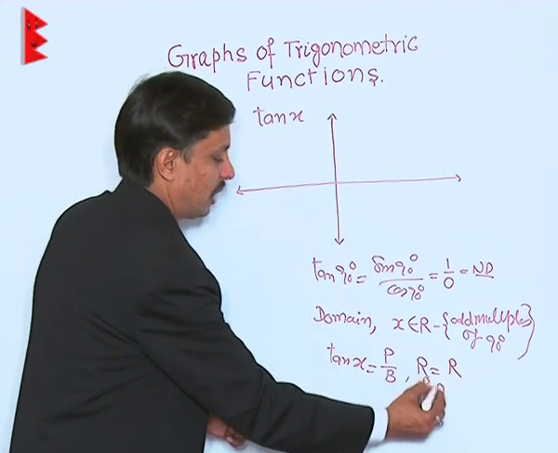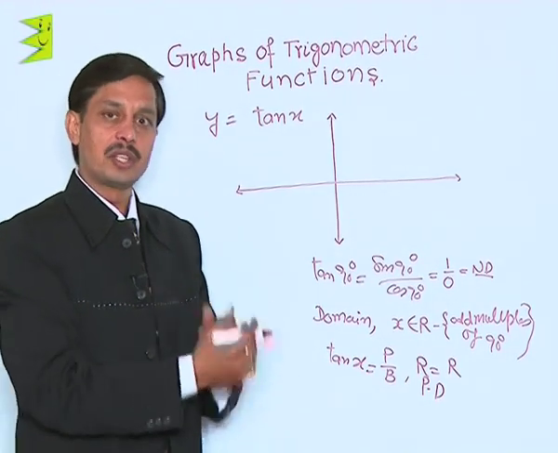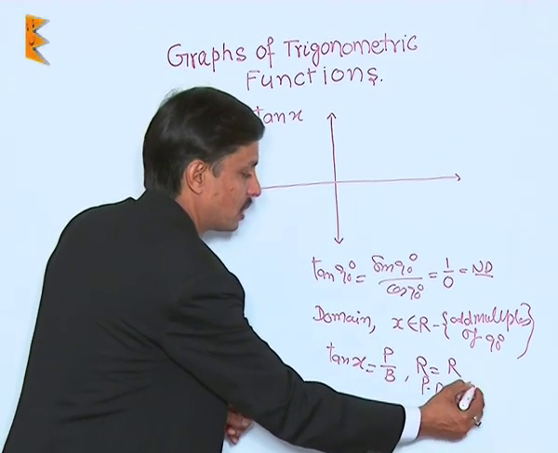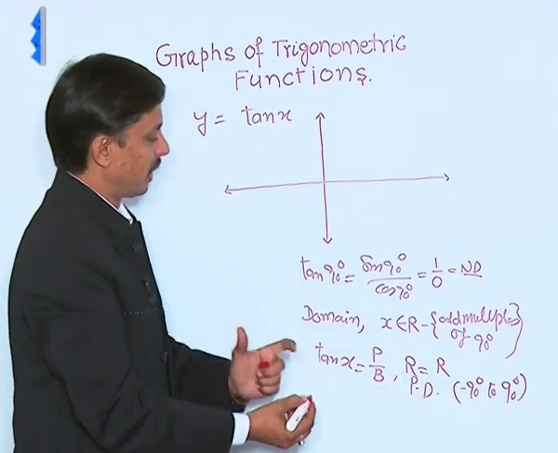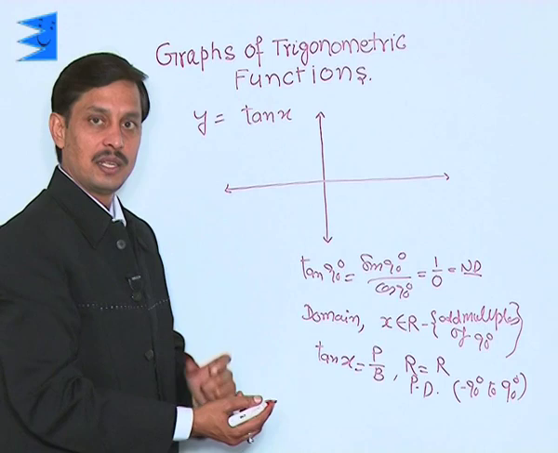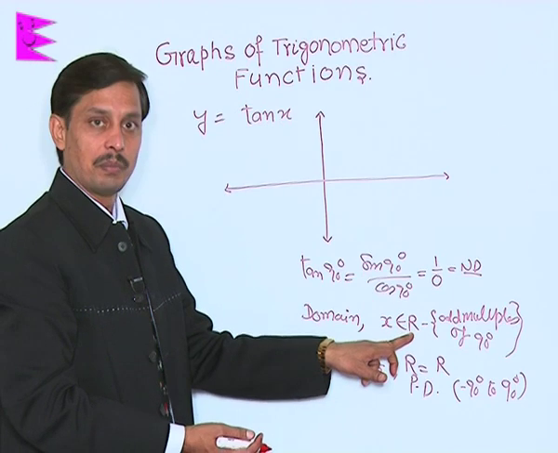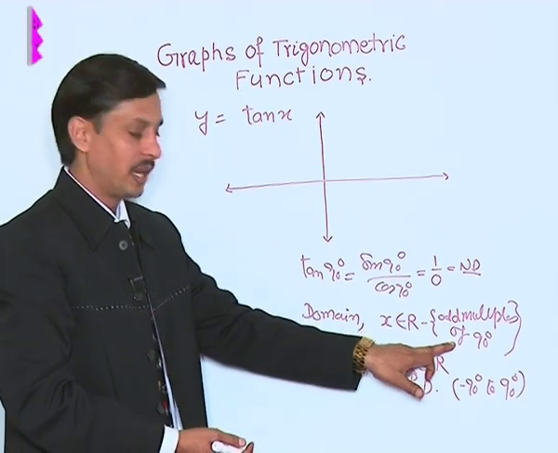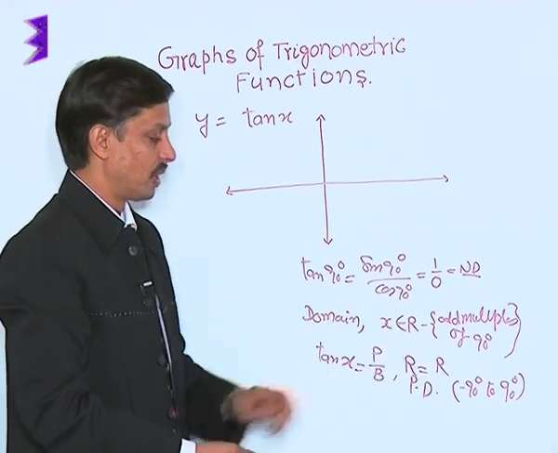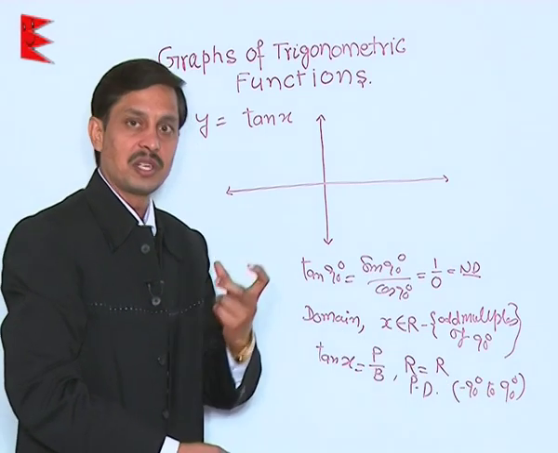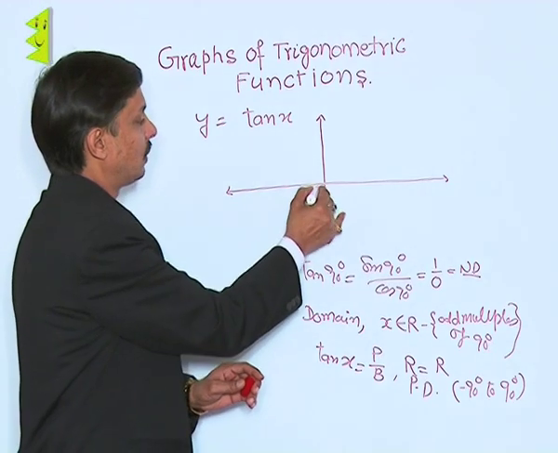The principal domain of tan is the same as that of sine, other than the extreme values: minus 90 degrees to plus 90 degrees. So a few important points about tan x: its domain is every real number other than odd multiples of 90, its range is any real number, and its principal domain is minus 90 to plus 90, excluding minus 90 and plus 90.